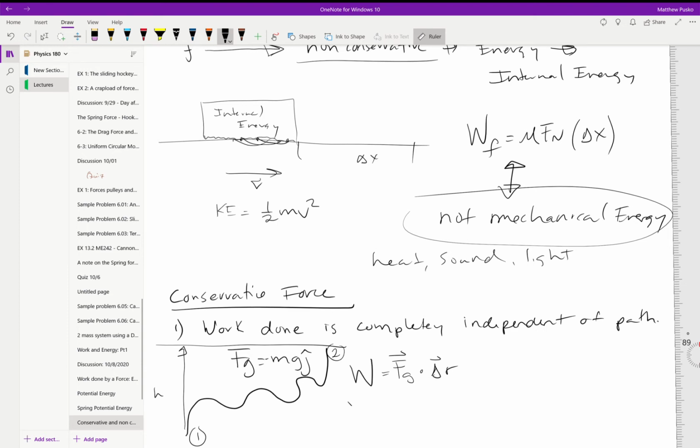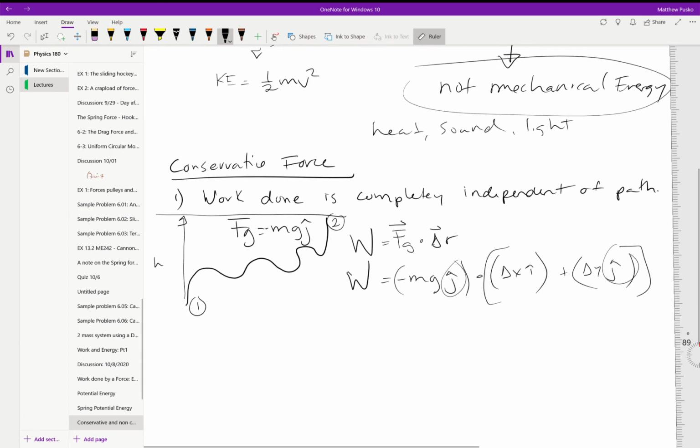So when we do the work done, we get the force of gravity as minus mg in the j direction. And remember, we could be dotting it into a delta x with i component and a delta y with a j component. And the i component doesn't matter. When we take the dot product, it goes away. Only the like components matter, the j and the j.